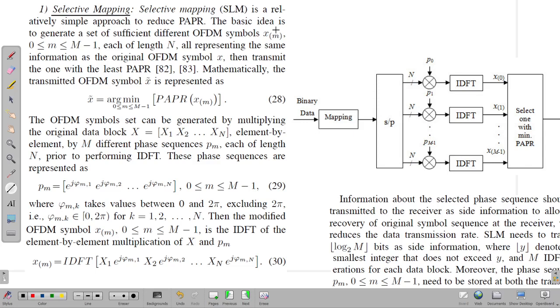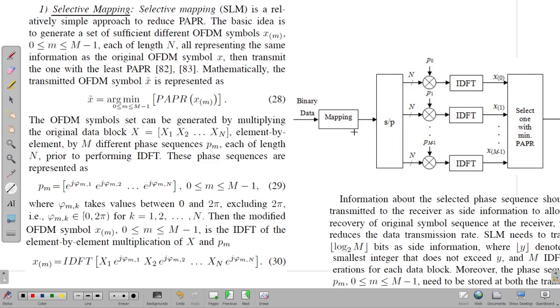SLM is a relatively simple approach to reduce PAPR, and the idea is to generate a set of sufficiently different OFDM symbols X_m, where m varies from 0 to M minus 1, each of length N, all representing the same information in the original signal X. Then transmit the one with the least PAPR.